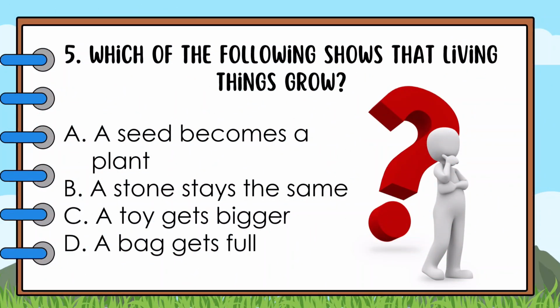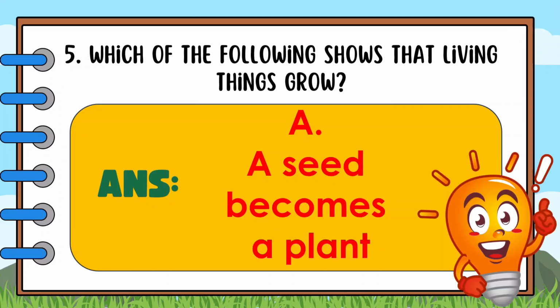Which of the following shows that living things grow? A. A seed becomes a plant, B. A stone stays the same, C. A toy gets bigger, or D. A bag gets full. The answer is A. A seed becomes a plant.